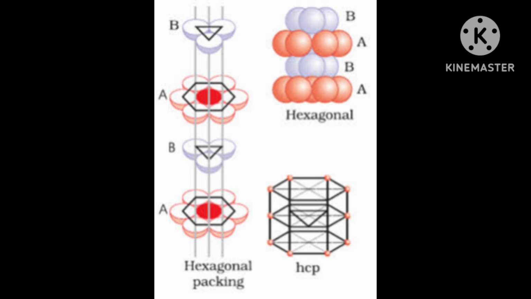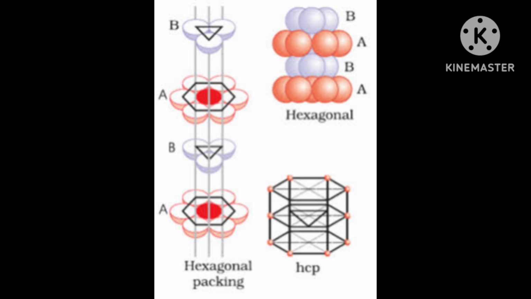What is the example, in which metal will you find this type of structure? Copper and silver are the best examples. Copper and silver crystallize in this structure. Always keep the example in mind, because an examination question is asked.